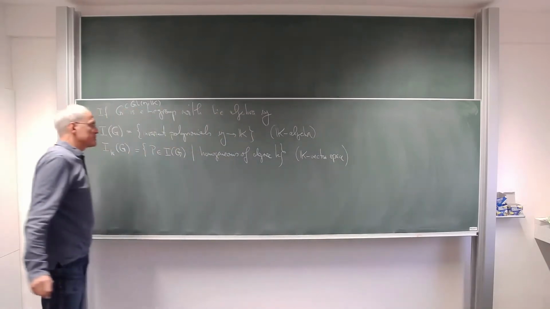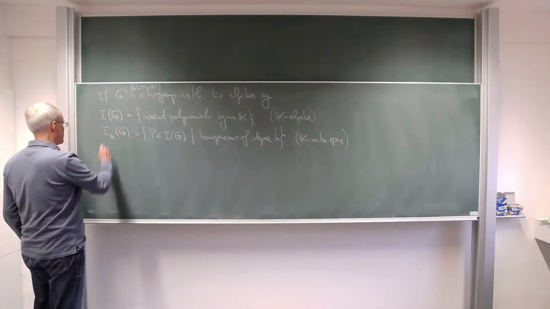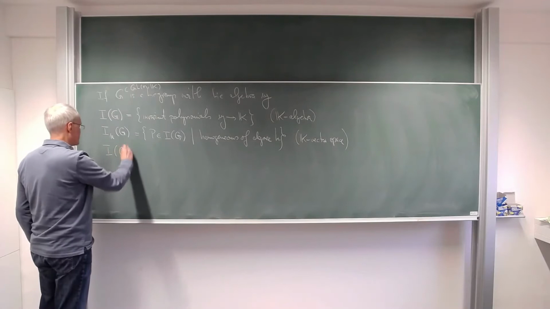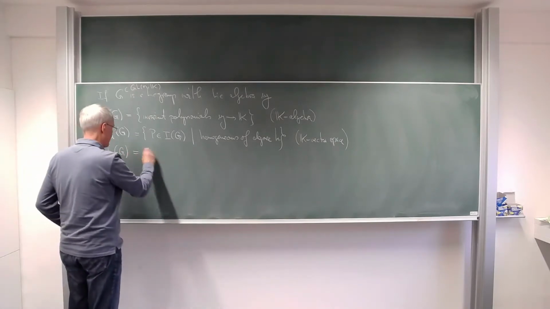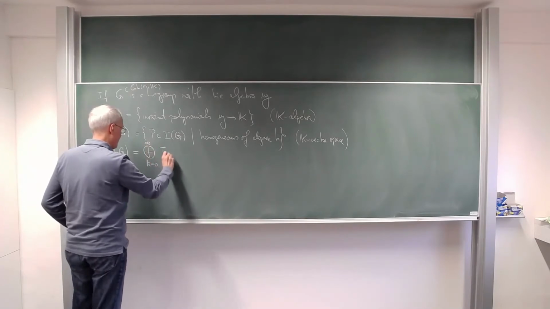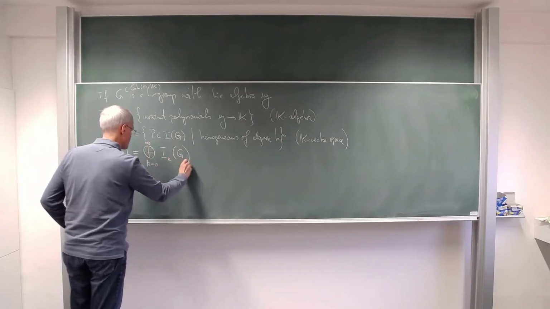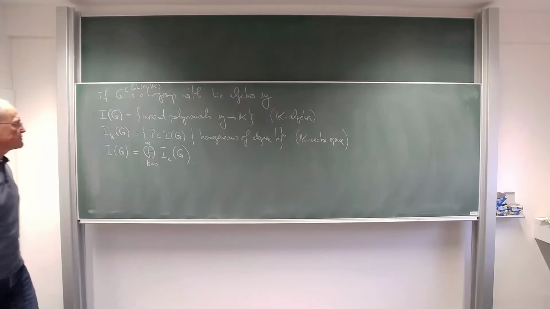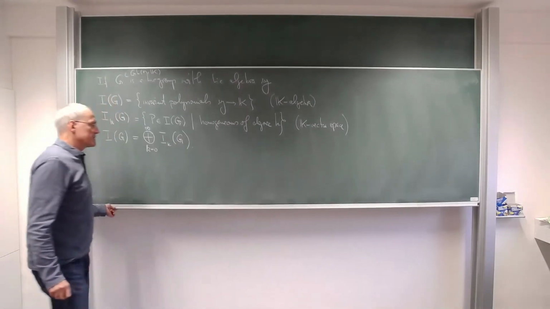And as a vector space, of course, this I(G) is just a direct sum of the I^k. And so it's these polynomials that are of interest to us.